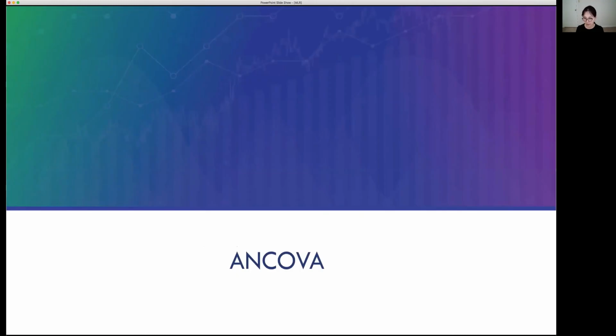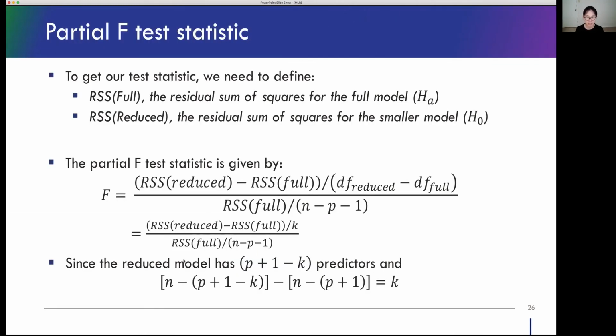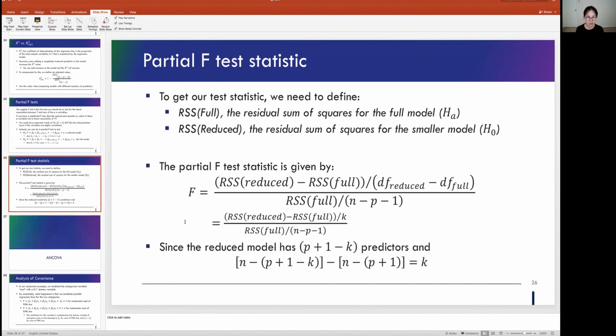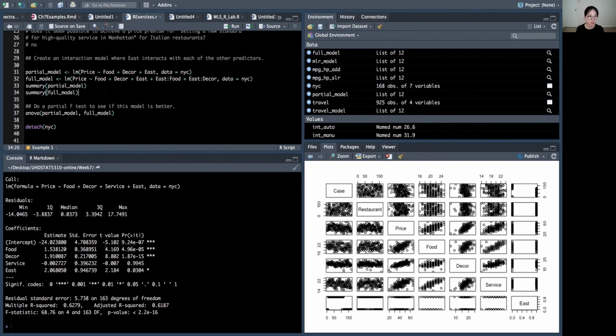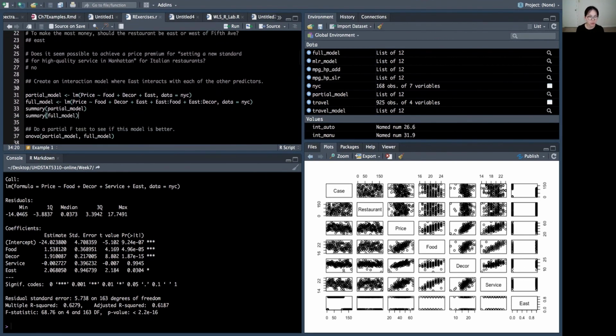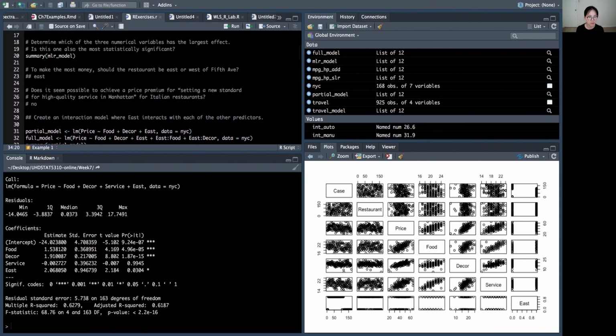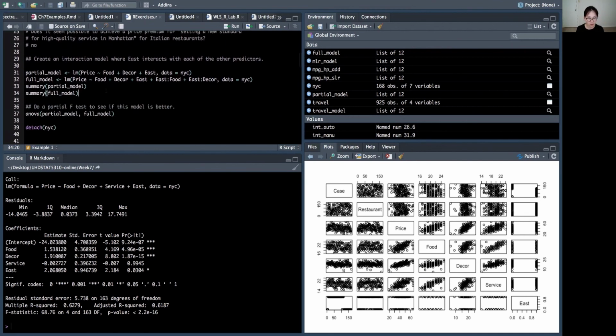Now we will get to our example to illustrate this ANOVA and partial F-test. Again, we'll continue with this NYC restaurant dataset.